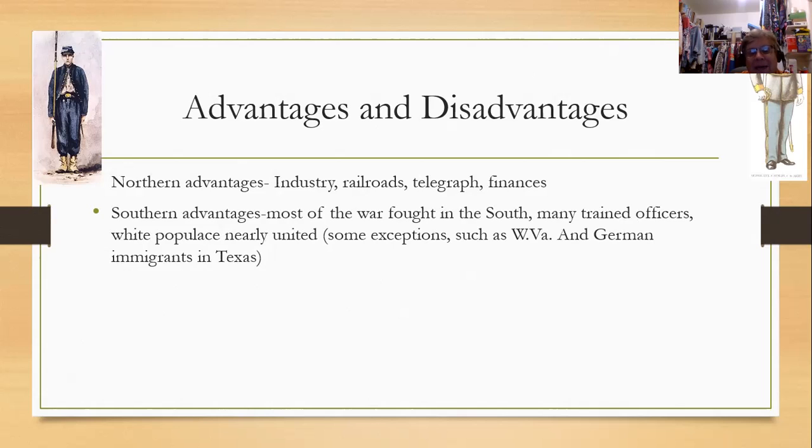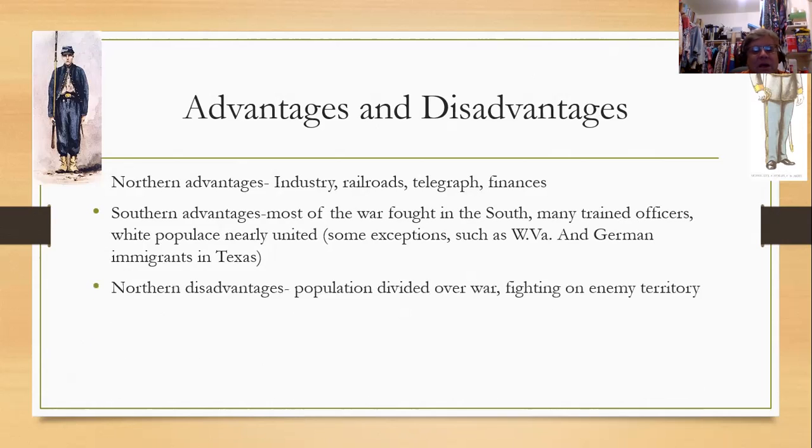The white population was nearly united. There were some exceptions: West Virginia, the northwestern part of Virginia, German immigrants in Texas, and other parts of Appalachia in the South wouldn't support the war effort as much. Also, parts of Tennessee would not support the Confederacy as much as other areas.